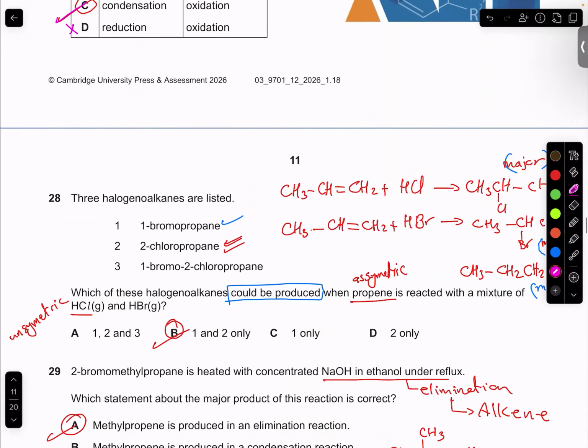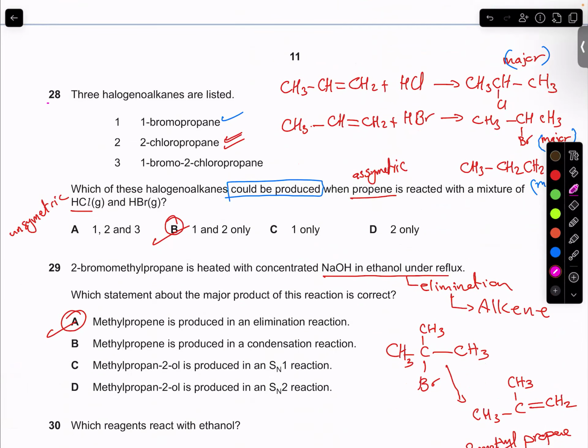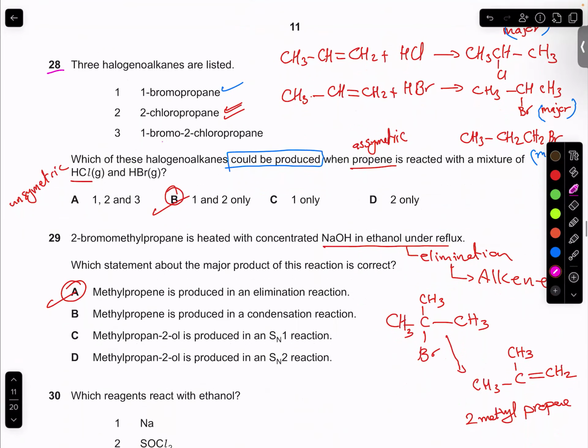Okay. Question number 28. 3 halogenoalkanes are listed: 1-bromopropane, 2-chloropropane, and 1-bromo-2-chloropropane.